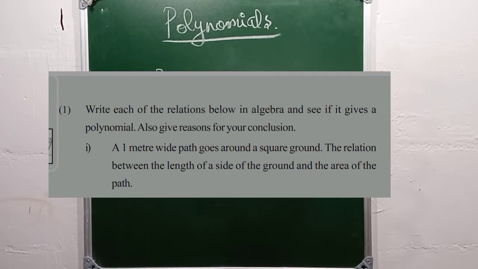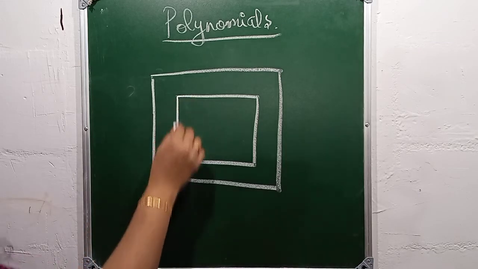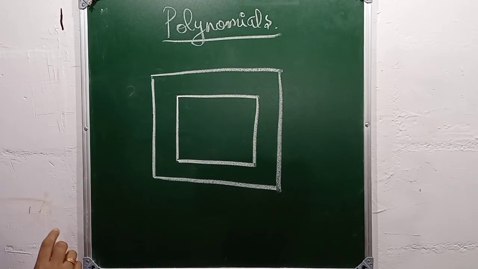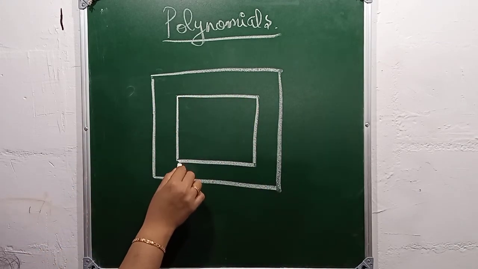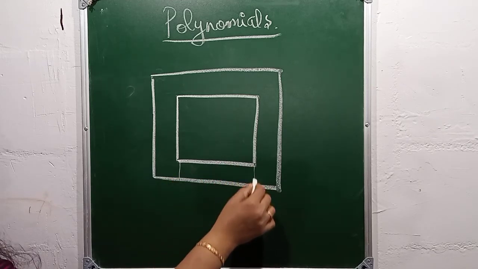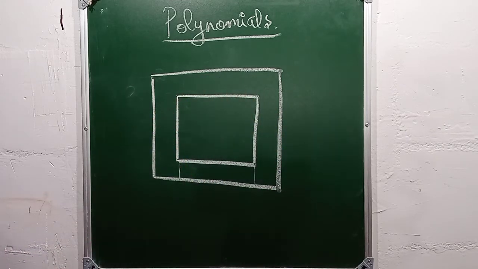First sub question: a 1 meter wide path goes around a square ground. The relation between the length of a side of the ground and the area of the path. That is our first question. Suppose this is our square and this is the 1 meter path around the square ground.